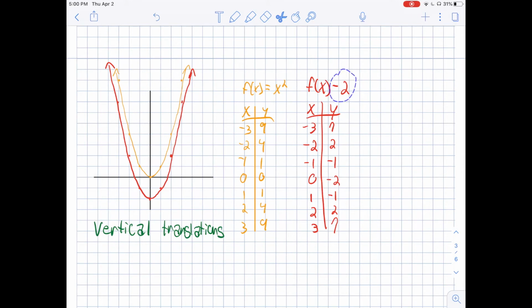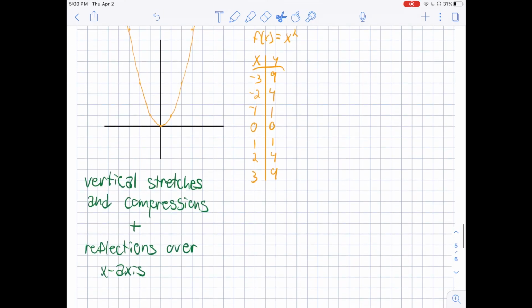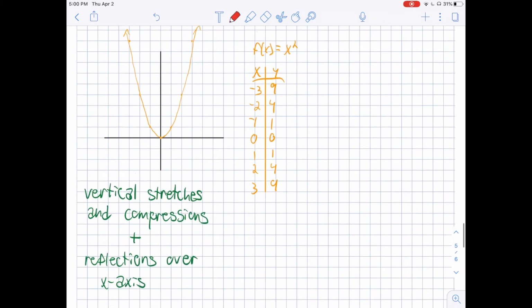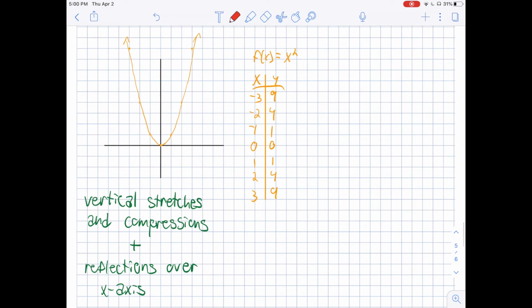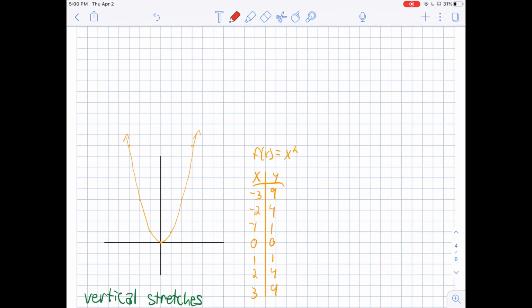So vertical translations are a little bit easier than horizontal translations, less complex. So we can apply that same reasoning to vertical stretches and compressions. If we wanted to take this graph and stretch it out vertically by 2, we're going to multiply all of our y values by 2.